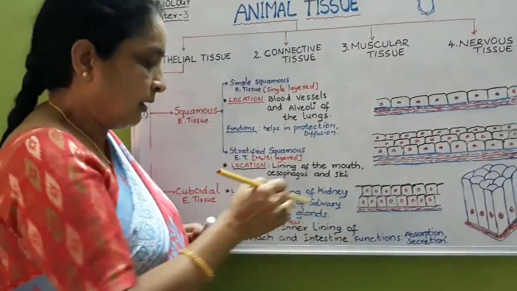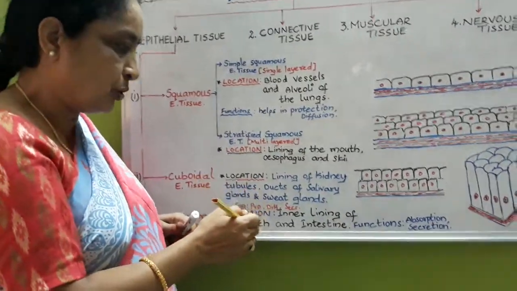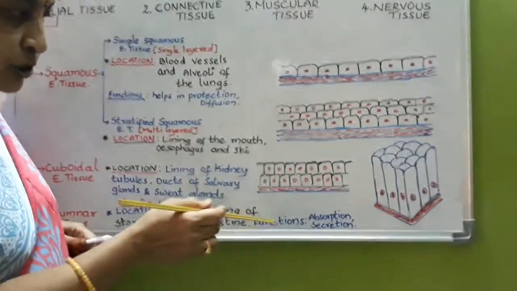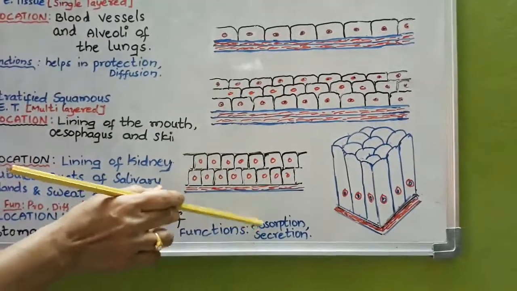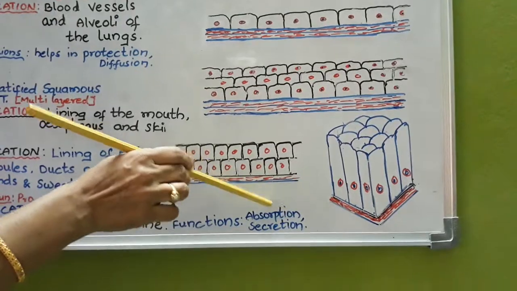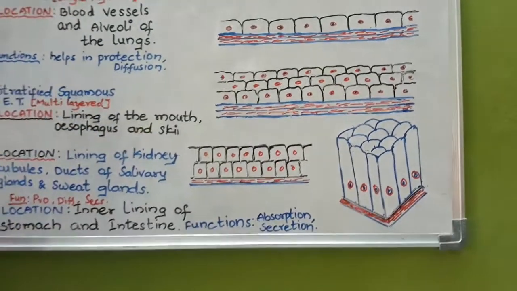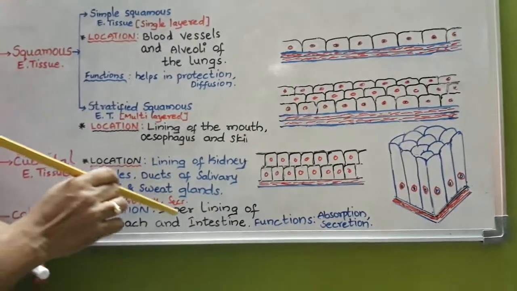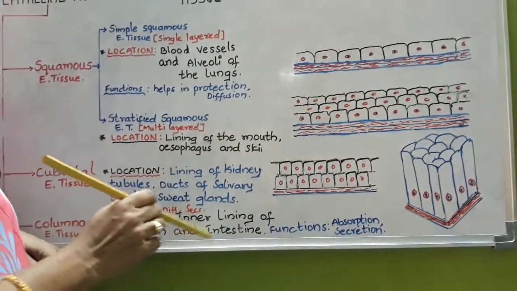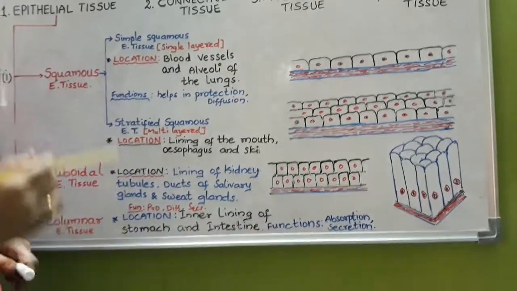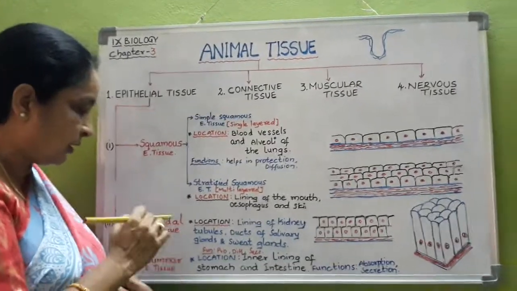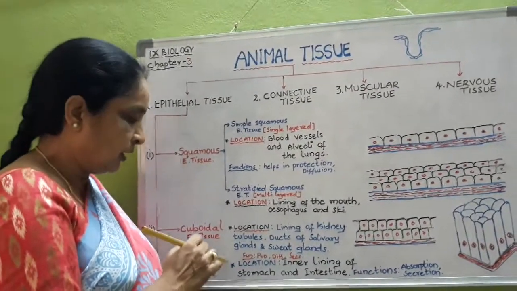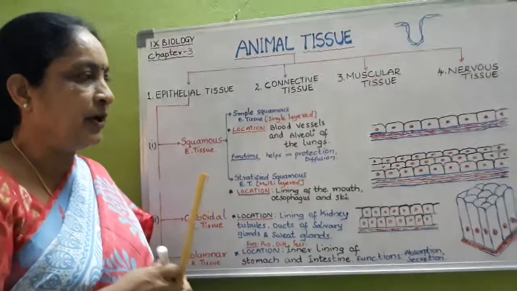So the functions of these columnar tissues are protection, absorption and secretion, and this tissue is located in the lining of the stomach and intestine. In special cases, there is another special tissue in the columnar tissue, called ciliated tissue.